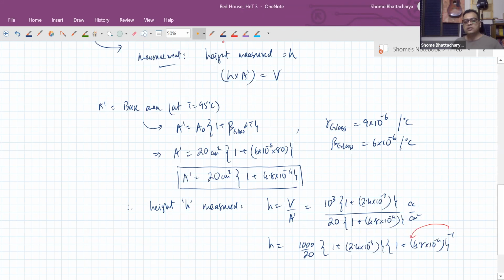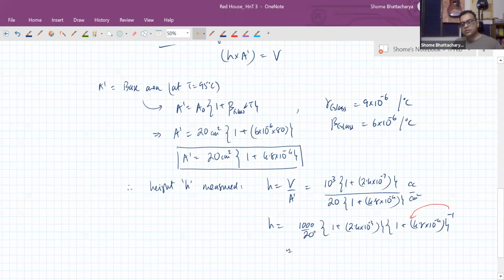Bring this power inside. Okay, so that is the calculation trick I taught you. So this is 50 into 1 plus 2.4 into 10 raised to the power minus 3 into 1 minus 4.8 into 10 raised to the power minus 4.